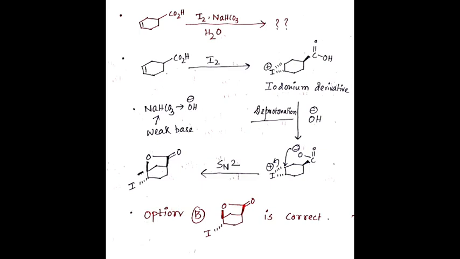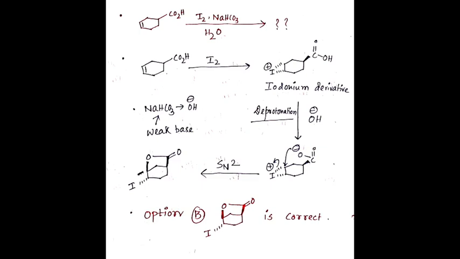After the formation of the carboxylate anion, it readily attacks the three-membered ring via the SN2 pathway. As we know, when you follow the SN2 pathway, you must get inversion of configuration.